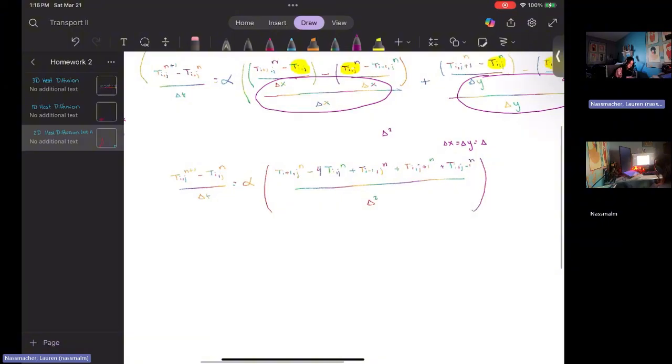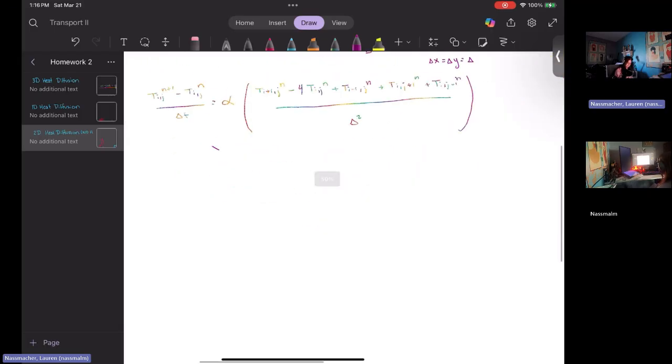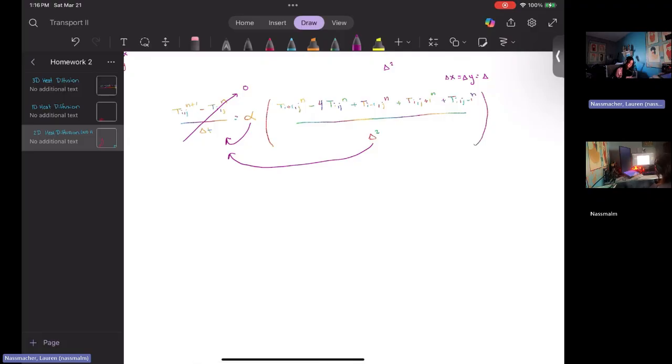Remember that this side of the expression is equivalent to 0, so we can just say that this is 0. Let's divide our thermal diffusivity over as well as multiply our position squared over to get rid of those terms. And so we have that 0 is equivalent to this expression right here.